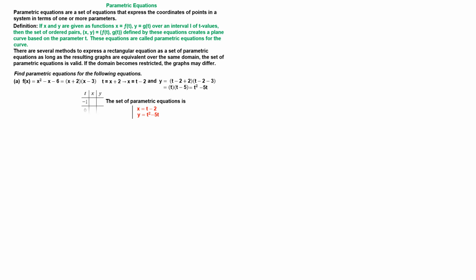To graph the curve defined by these parametric equations, we need to create a table of t values and calculate corresponding x and y values. The first column in this table should list the t values, while the second and third columns should contain the corresponding x and y values to be plotted as points on the graph.